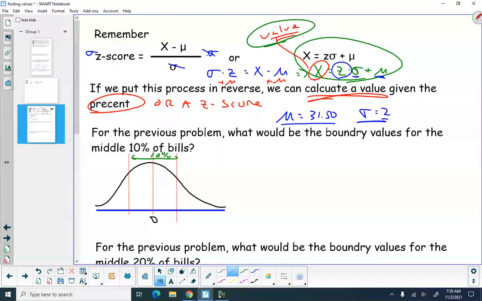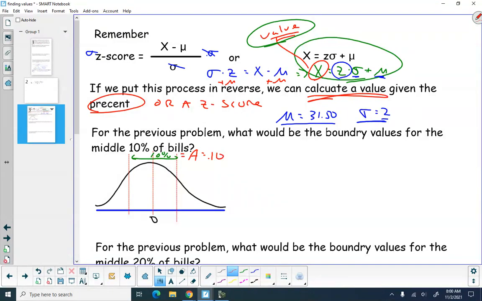Well, if I'm talking about this middle 10%, that means my area is 0.10. Once again, we're just talking about probability, going back into area. If I have 10% of the bills, that means my probability that my bill is going to be between this value and this value is 10%.